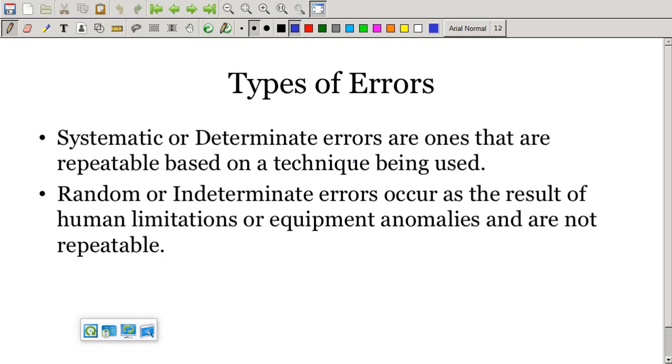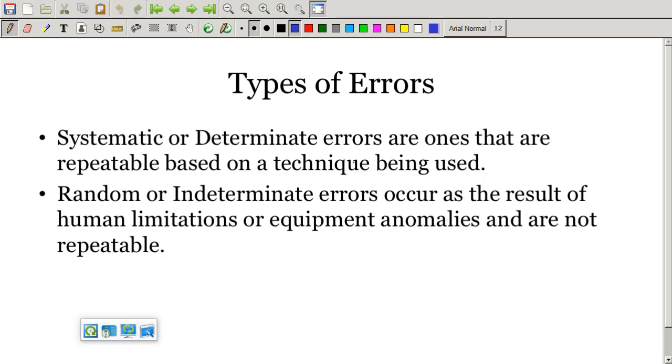How you read a burette, how you read a pipette, those kinds of things. Now, of course, you want to minimize the random or indeterminate errors, but it's hard to do in some cases. If we were all perfect, we would have no random or indeterminate errors, but they do exist and they always will.